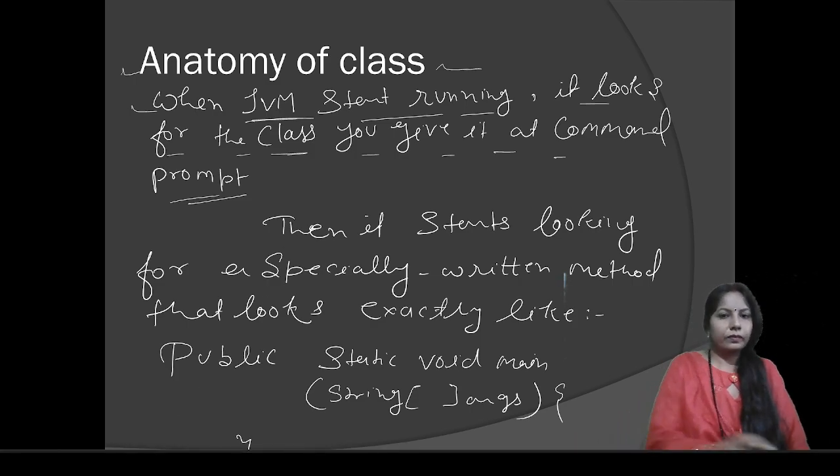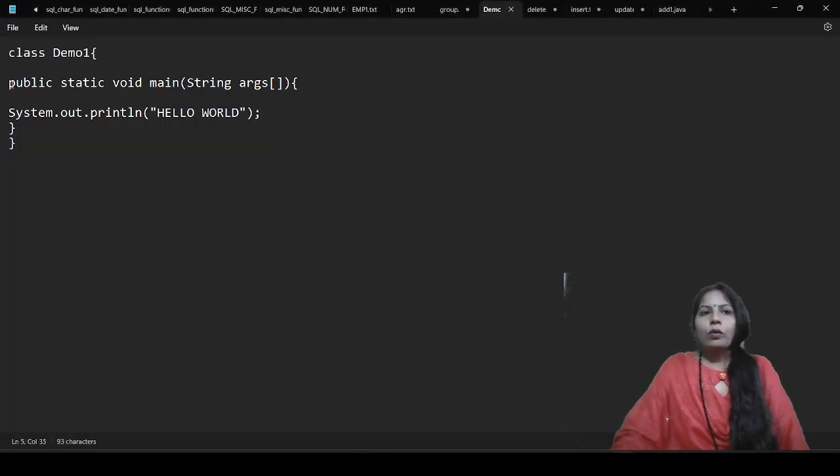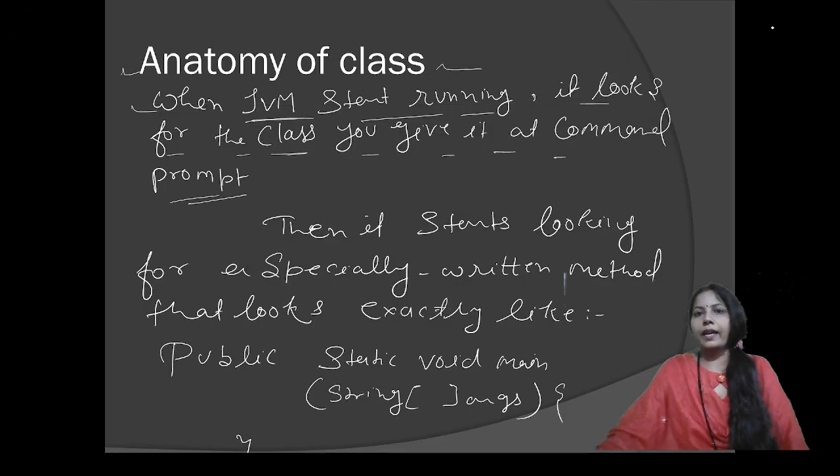Now it looks for the method public static void main, string args. So here I write. Then it starts looking for the specially written method that looks exactly like public static void main string args.